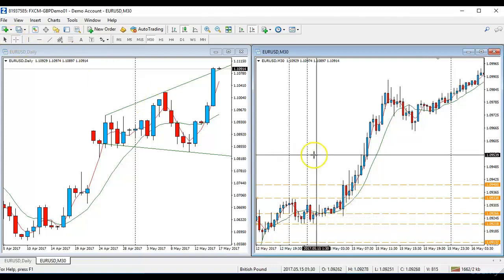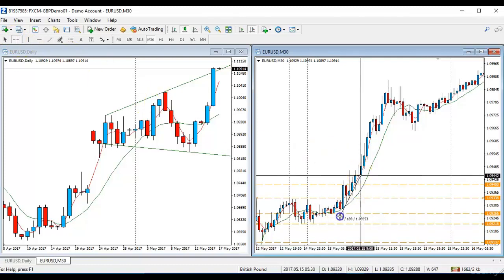We can see the middle number there, it says 187. It's actually 18.9, so the stop loss would be about 18.9 pips plus the spread, which you pay on the euro dollar, which is probably about 1.5 to 2 pips. So that's a stop loss of about 20 pips.